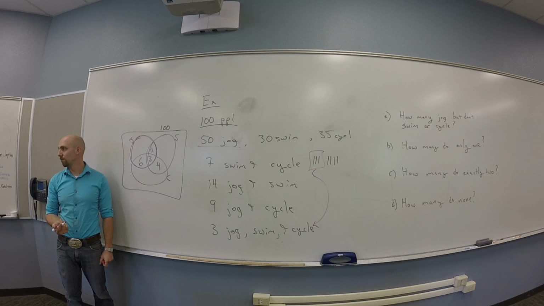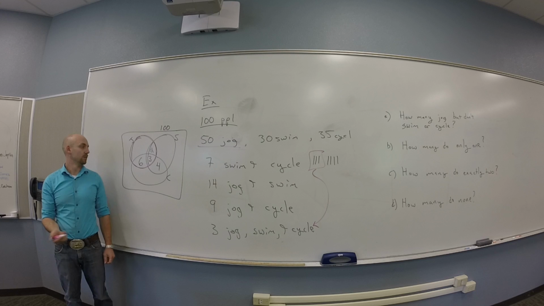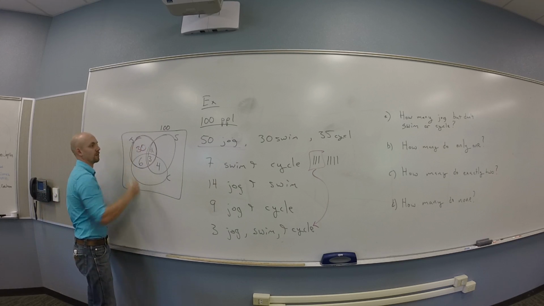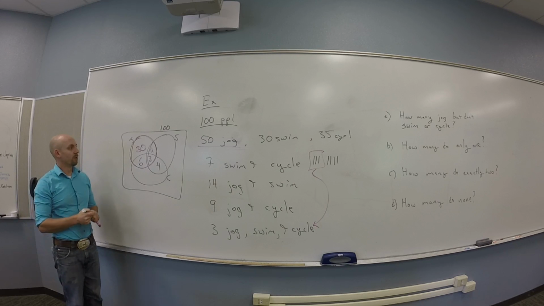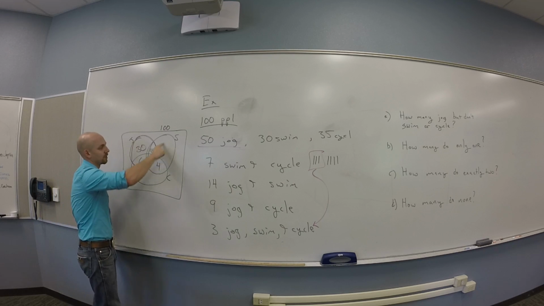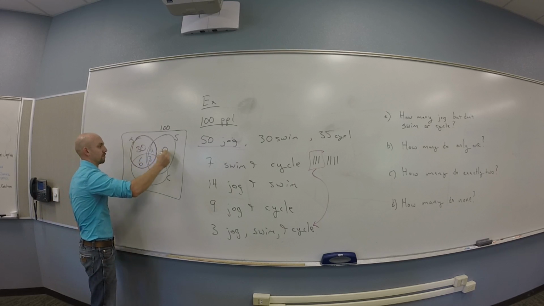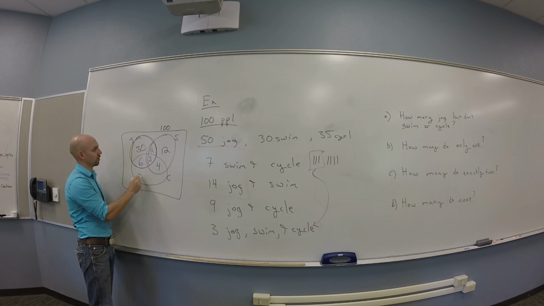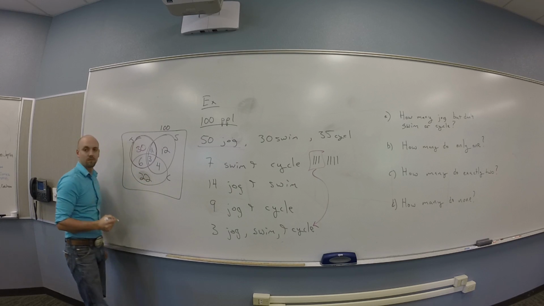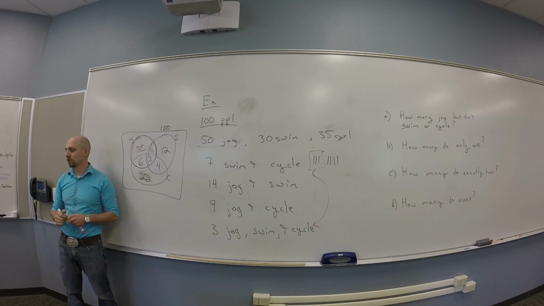Those are the people who jog and also do something else, so this number should be 50 minus the people who do other stuff too. What is this bit of the swim blog? 12. And this bit of the cycle blob? 22. You guys all good with this?